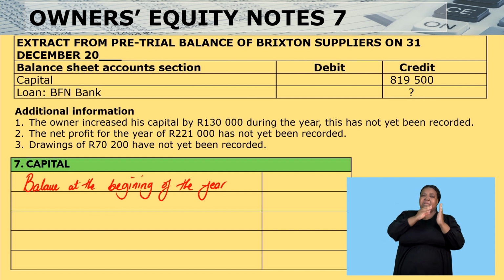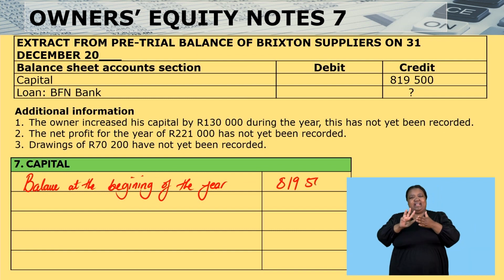That means whatever I have here is the amount before any adjustment. So I'll then say that is my balance at the beginning. So I'll have it as 819,500.